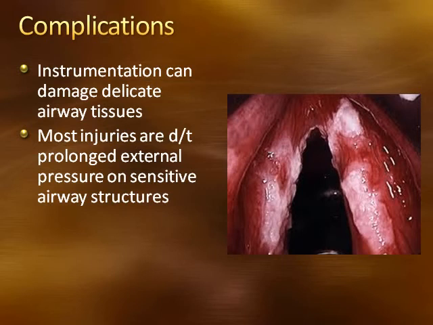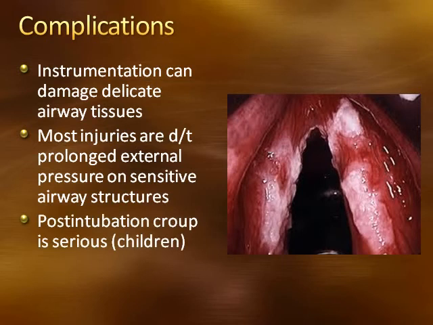When these pressures exceed the capillary arteriolar blood pressure, approximately 30 millimeters of mercury, tissue ischemia can lead to a sequence of inflammation, ulceration, granulation, and stenosis. Post-intubation croup caused by glottic, laryngeal, or tracheal edema is particularly serious in children. Vocal cord paralysis from cuff compression or other trauma to the recurrent laryngeal nerve results in hoarseness and increases the risk of aspiration.